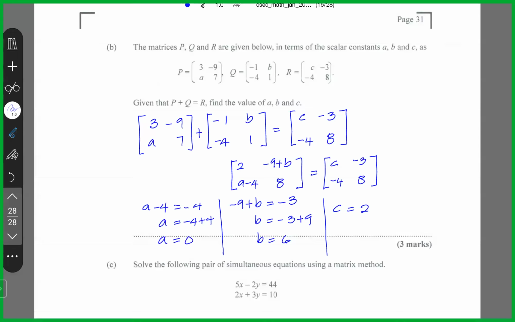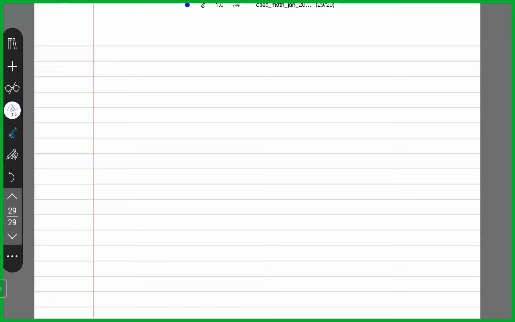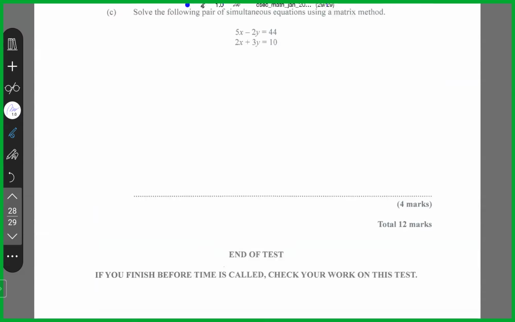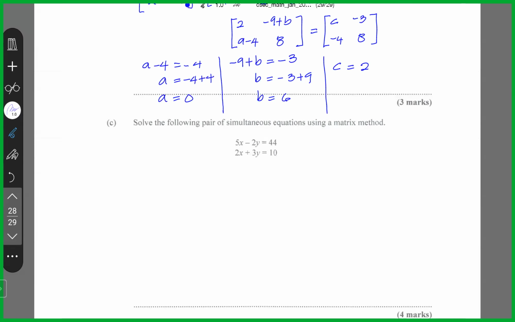In C, we're asked to solve the following pair of simultaneous equations using a matrix method. To do this, the first thing we need to do is write the simultaneous equation as a matrix equation.